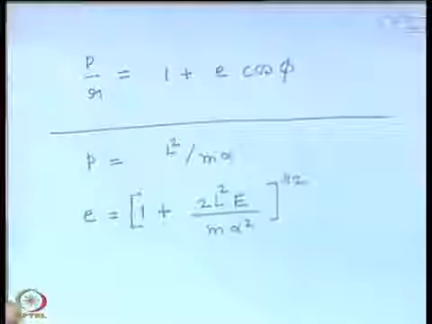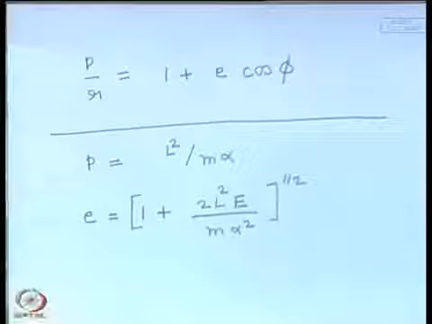Okay. So, this is nothing but straightforward algebra, you have to just work back. You can identify what P is from this expression and what E is from this expression, and write them in terms of E and L and alpha and the mass of the particle, the reduced mass, and you can arrive at these expressions.